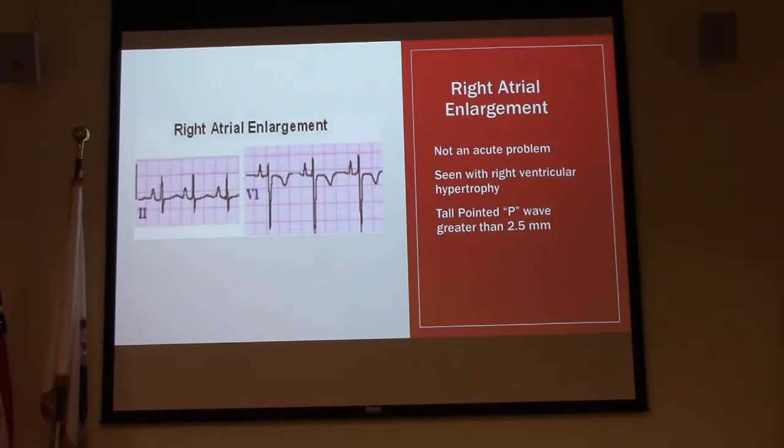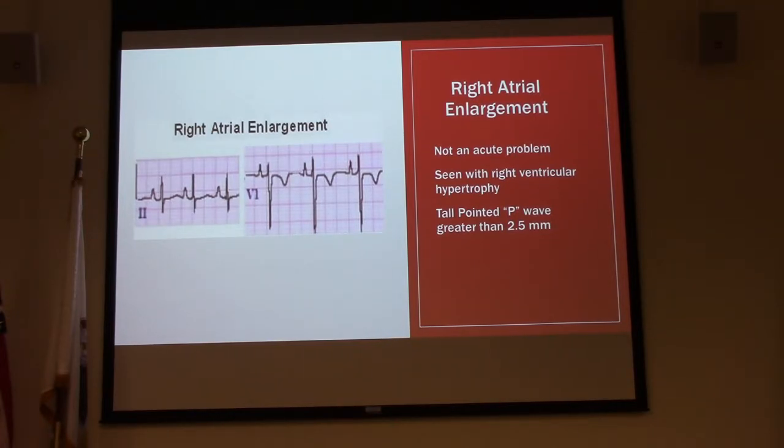If we want to start by taking a look at right atrial enlargement. This isn't such a big deal. We don't worry about patients who have enlarged right atria. Usually right atrial enlargement is secondary to right ventricular hypertrophy. What we're going to see in lead 2 is tall pointed P waves. Usually they're going to be greater than 2.5 millimeters high, or 2.5 boxes high.